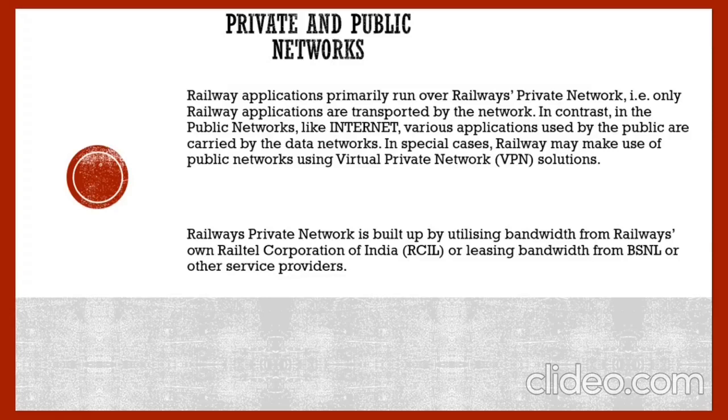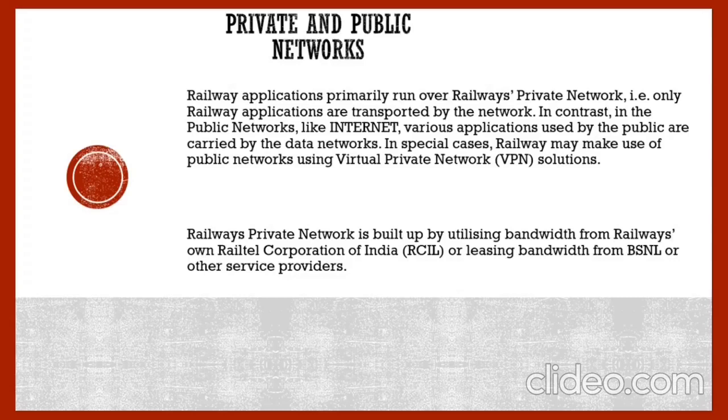And in a public network like the internet, various applications used by the public are carried by data networks. That's also true. In such cases, for example, when booking a ticket, we are using the internet, which is public, but the Indian Railway is private.